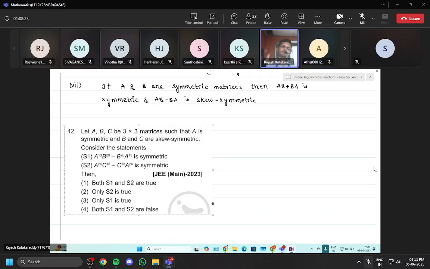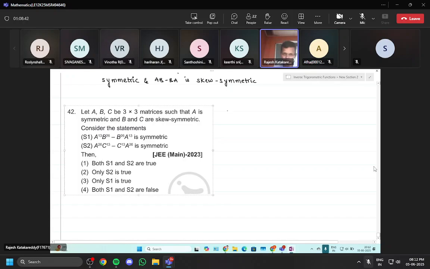So for this problem, we need to know the definition of symmetric, the definition of skew symmetric, and the properties of transpose well. If you know these three things, you can solve this problem. Let us write the given details. In the problem, it is mentioned that A, B, C are three matrices such that A is symmetric, B and C are skew symmetric.